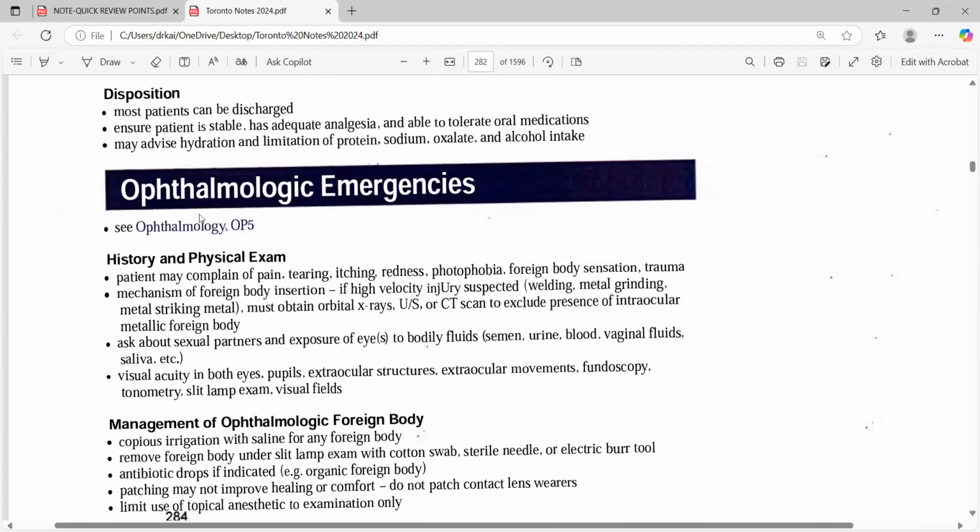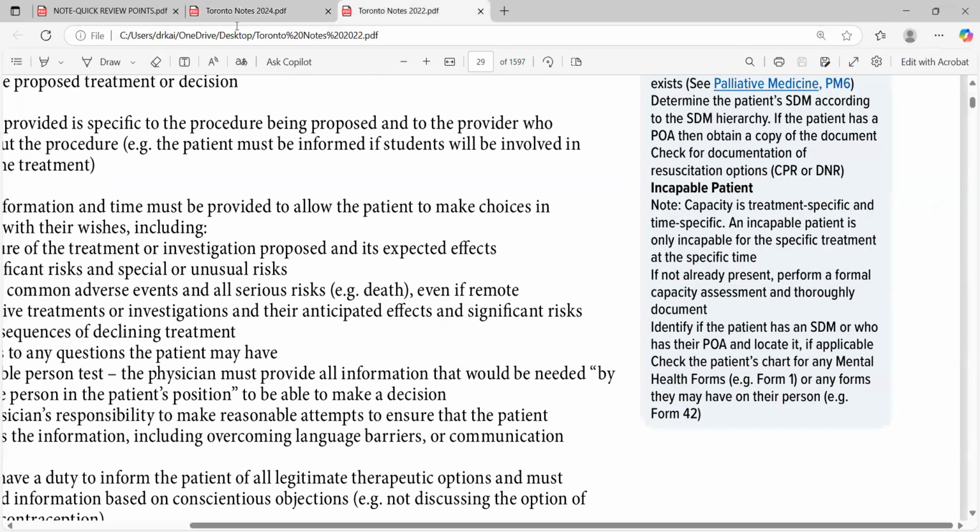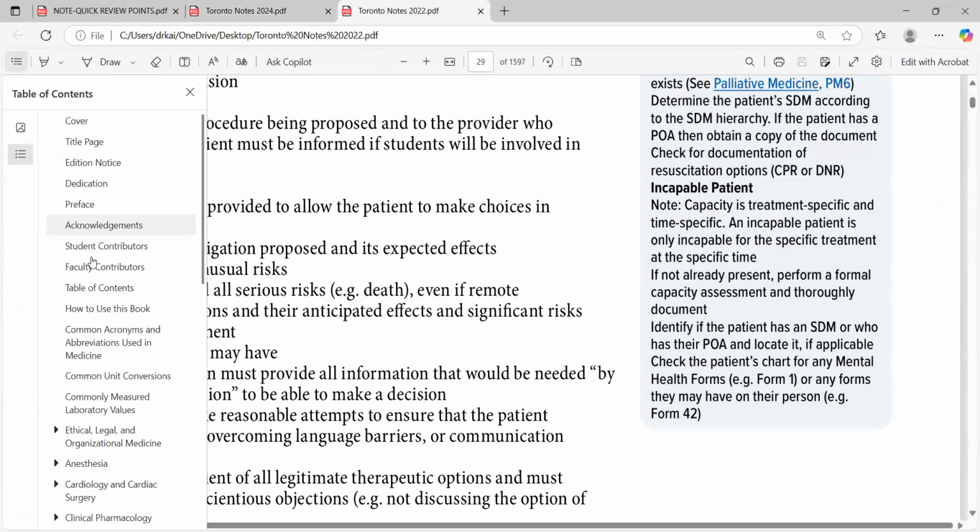So if you go to ophthalmology, let me just open it. Wait a second. If we go to ophthalmology here, there is a table in the first three, four pages.